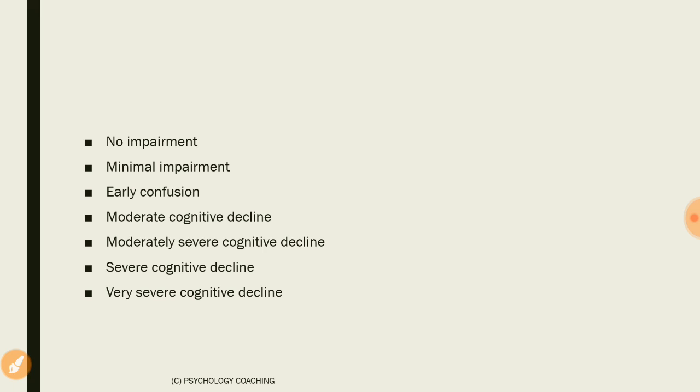The stage 4, that is the moderate cognitive decline or the milder early stage of Alzheimer's, its duration is basically 2 years, and these symptoms would actually confirm that yes, the patient is suffering from Alzheimer's. In this, still they would be aware of their self.